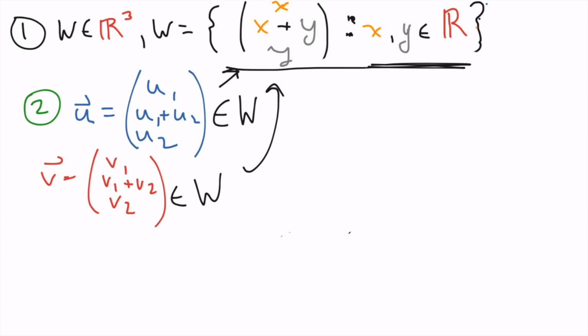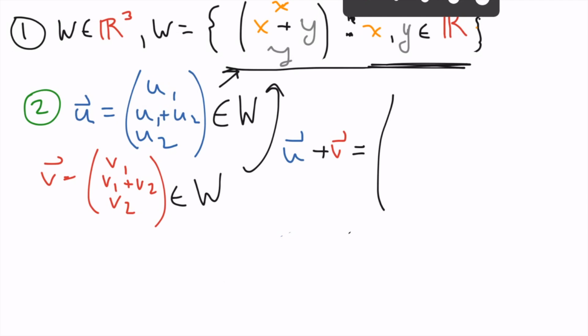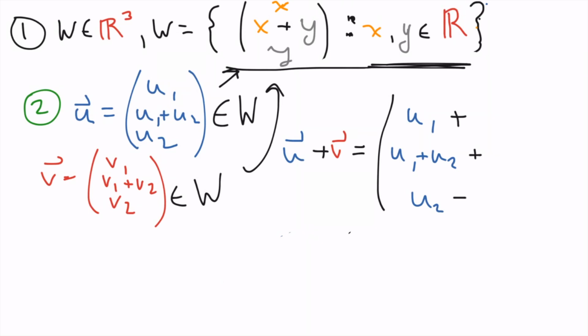So let's add them together. If we take U plus V, what we will end up getting is U1 plus V1, U2 plus V2, and we are adding U1 plus U2 and V1 plus V2.